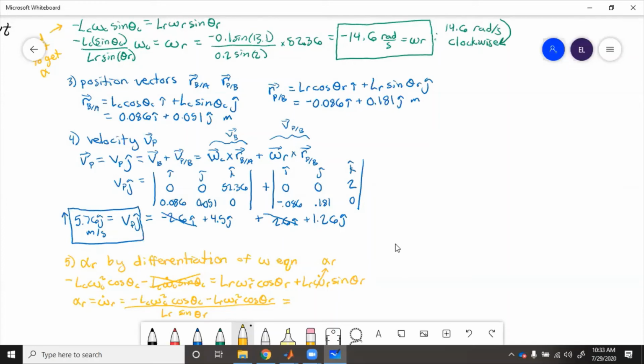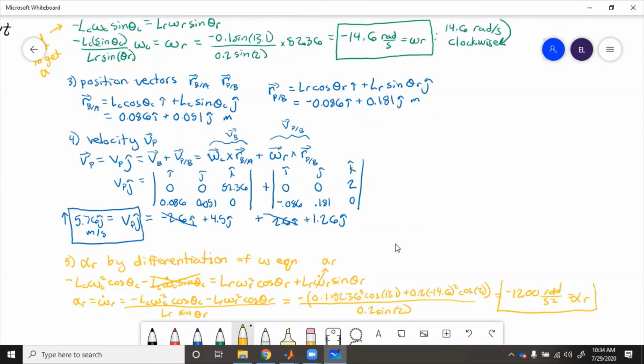then we get negative 0.1 times 52.36 squared cosine of 13.1 plus 0.2 times negative 14.6 squared cosine of 2, all over 0.2 sine of 2, which equals negative 1200 radians per second squared, which equals alpha.